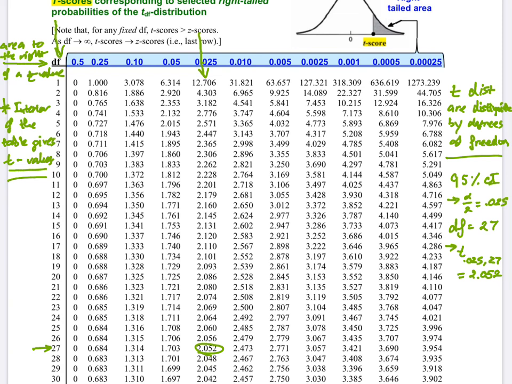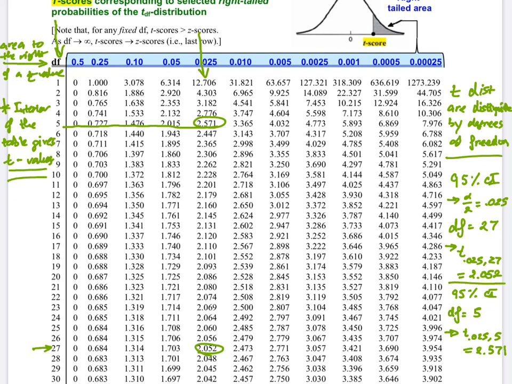Now suppose we're looking at the same confidence level, so 95% confidence interval, but the degrees of freedom is 5. Then our t sub 0.025 with 5 degrees of freedom is this number right here, 2.571.